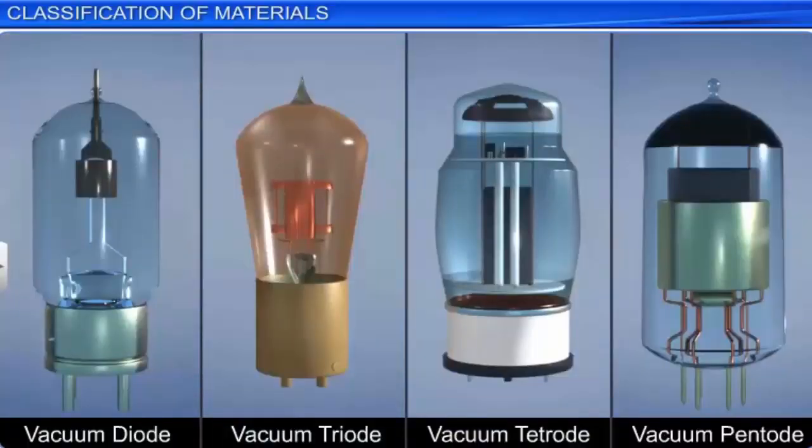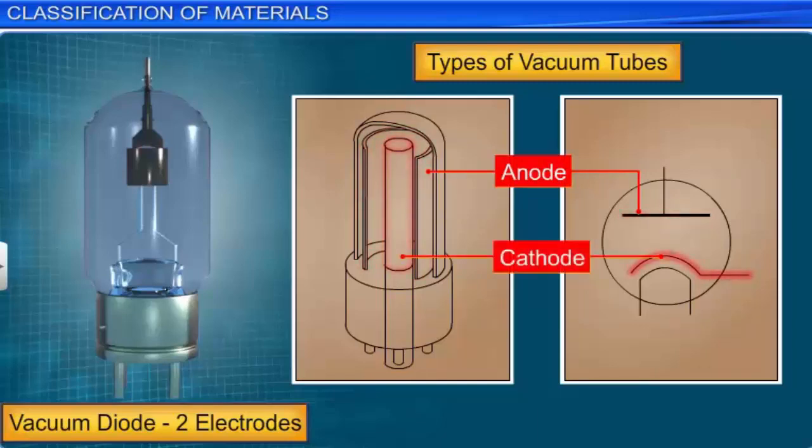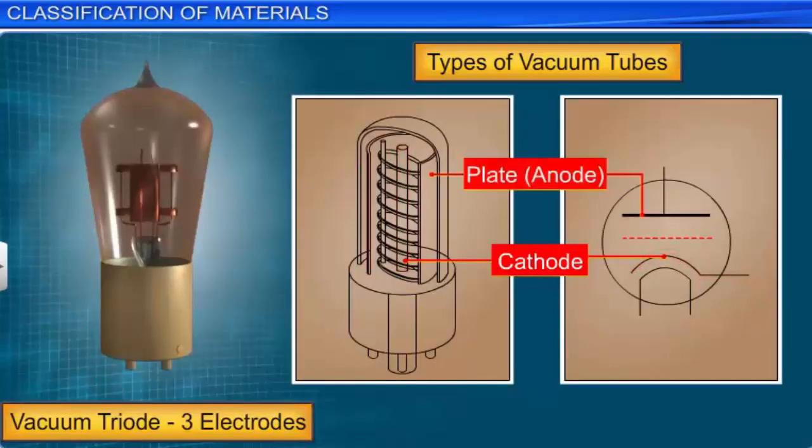Some of the common types of vacuum tubes used are the vacuum diode, the triode, the tetrode, and the pentode. The vacuum diode has two electrodes, an anode and a cathode. The triode has three electrodes, a cathode, a plate, and a control grid.